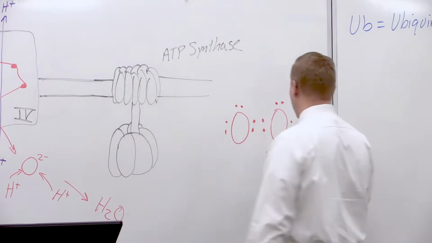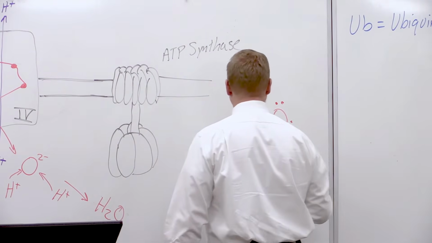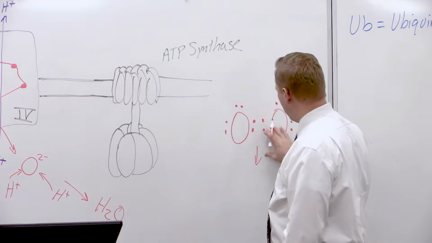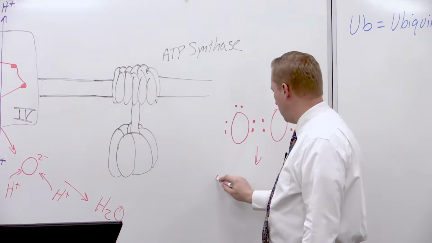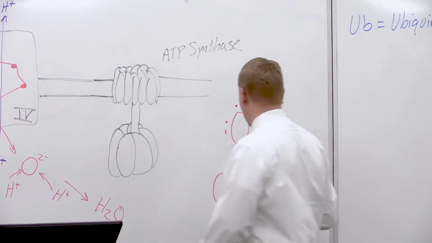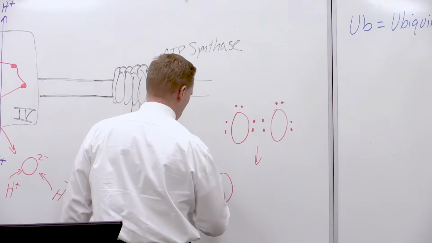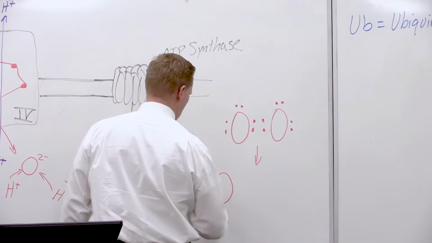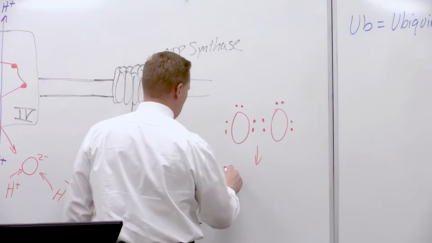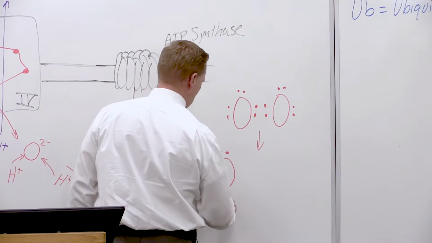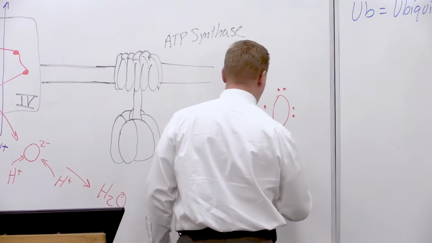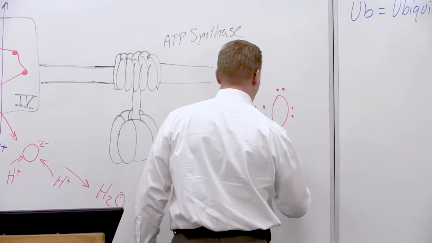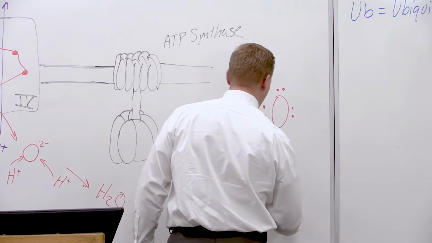And so one of the first things that we do is split that molecule. We're going to split this bond, and we're going to have each oxygen atom as it pulls apart.